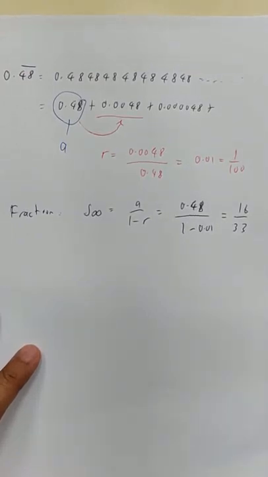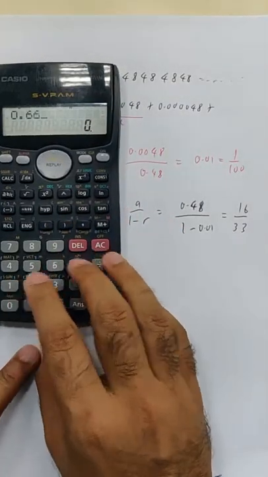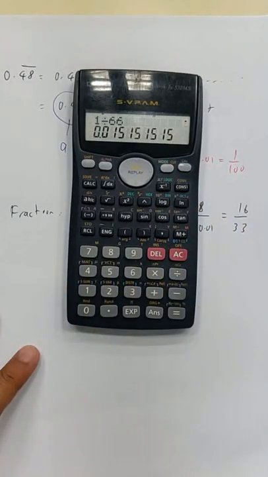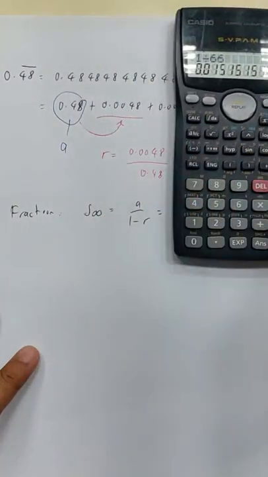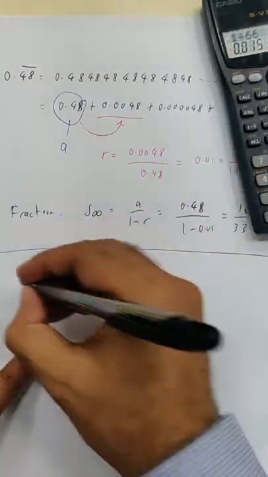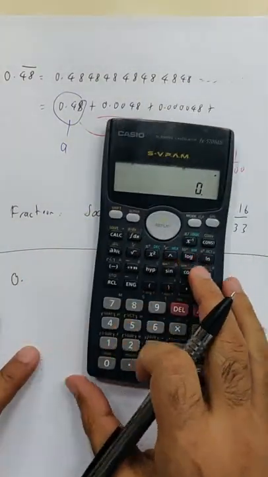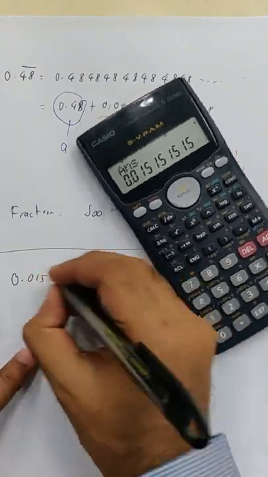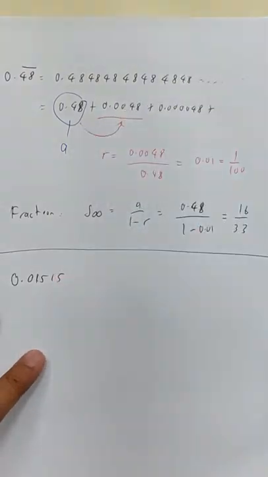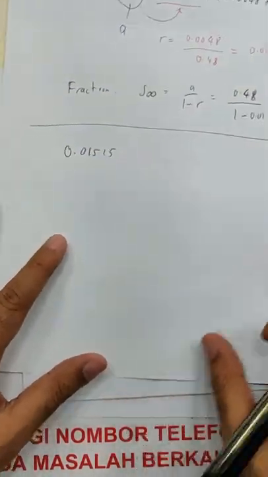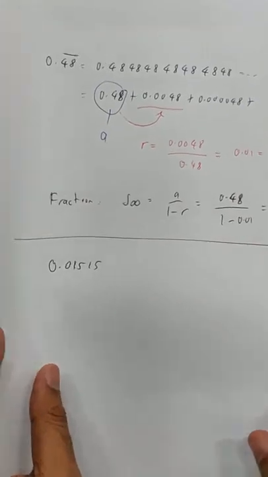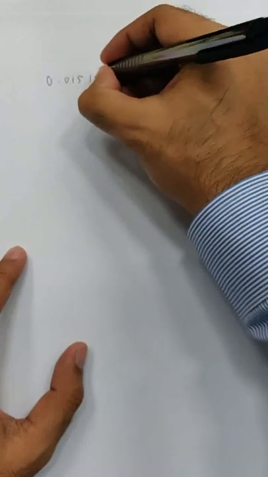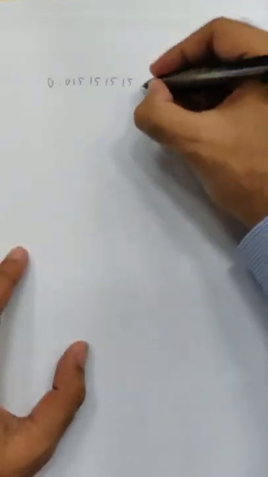So let's apply it back to what we tried just now, 1 over 66. Want to try? So it's going to be 0.015151515 and so on.